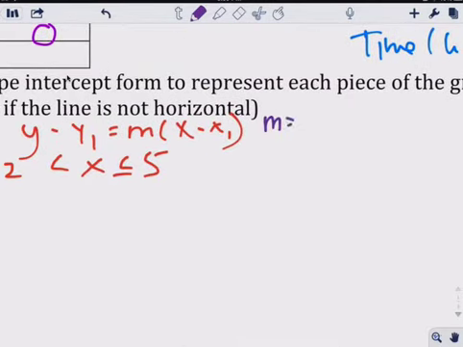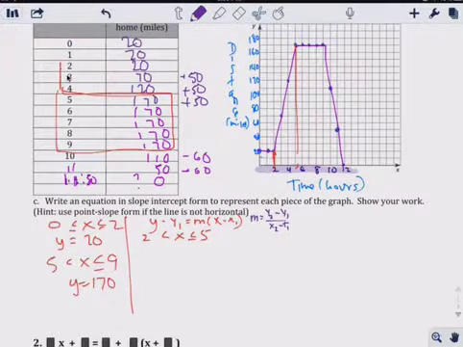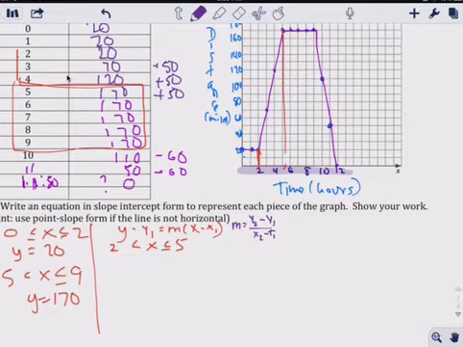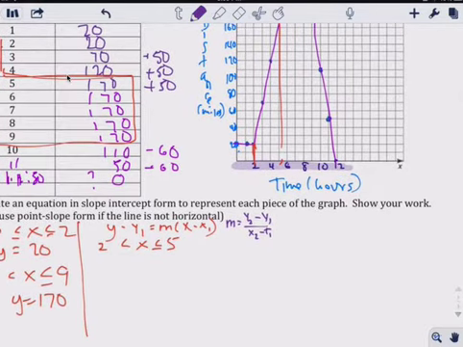M equals y2 minus y1 over x2 minus x1. Let's use 2 is 20 and 3 is 70.